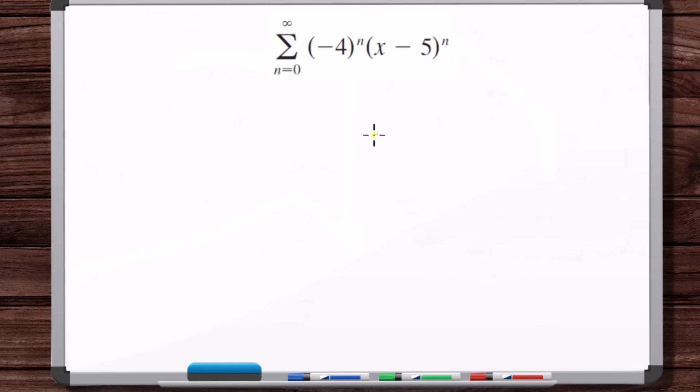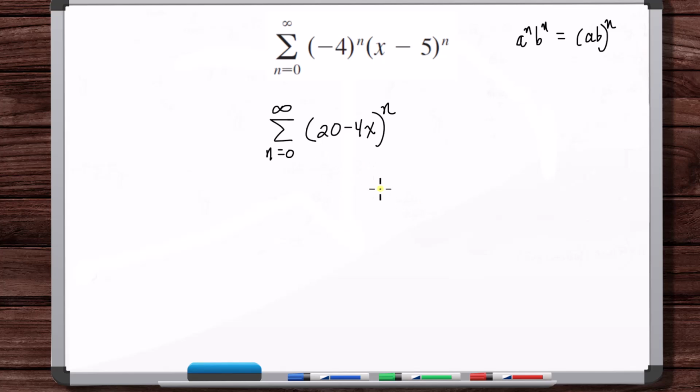Okay, so based on this property of exponentials, we can write this as, okay, minus 4 times x minus 5 is going to be 20 minus 4x.